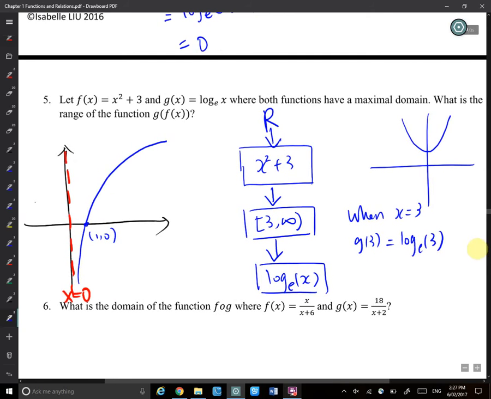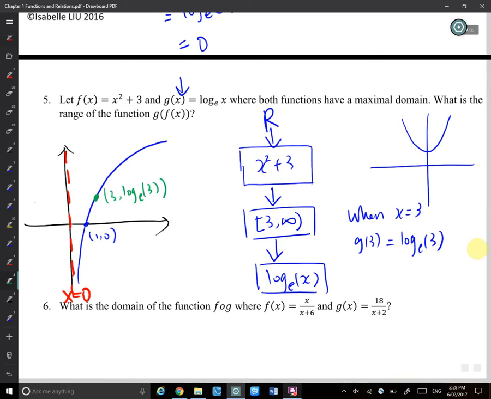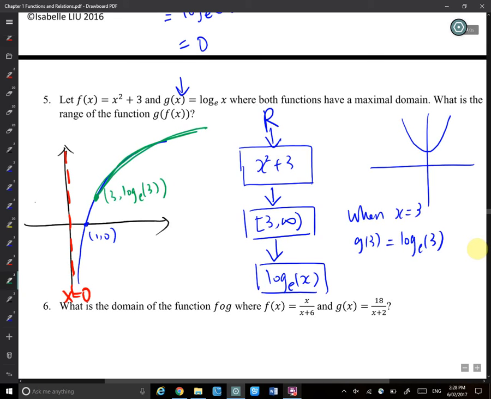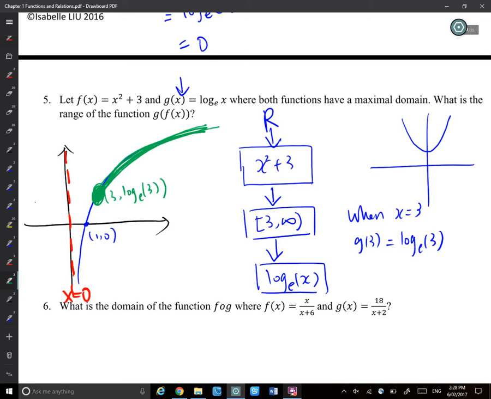You put 3 into the function gx, it's log e3, so I have the point here. Then all the way to infinity. So it's basically from this point and all the points above it.